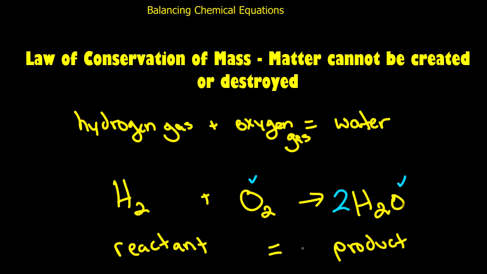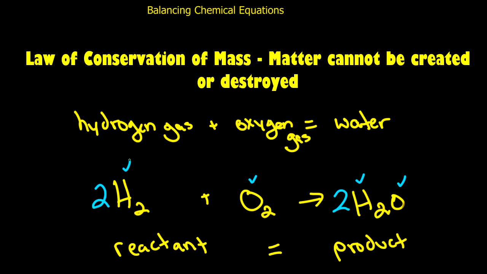Well, 2 goes into 4 2 times, so I'd put another coefficient, a coefficient of 2. So now I have 4 hydrogen atoms on my reactant side. I have 4 hydrogen atoms on my product side. 2 oxygen atoms, 2 oxygen atoms. Now everything is in balance.